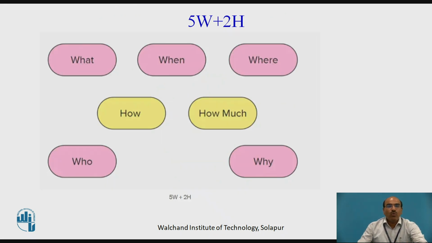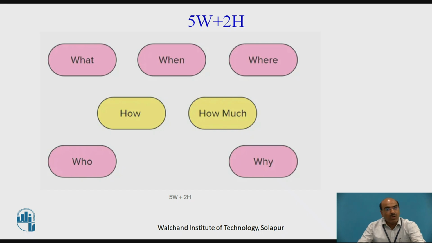Next, what helps you in deciding this? It helps with the 5W plus 2H type of questions. You can pose these questions to the user so that the user will answer them. What, when, where, who, why: these are the 5Ws.